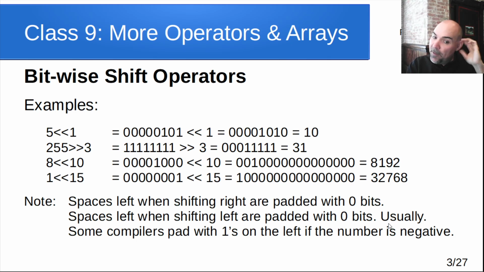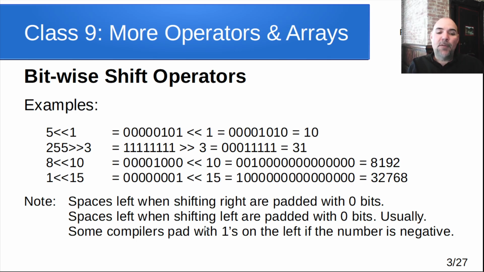But there are some compilers that, if we have a negative number, a number that would be interpreted as a negative, and the way negative numbers are represented in these bit patterns would be a method called two's complement, where the most significant bit is 1 when it's negative, and then the bit pattern is kind of inverted from what it would be and moved over by 1 since there's no negative 0.